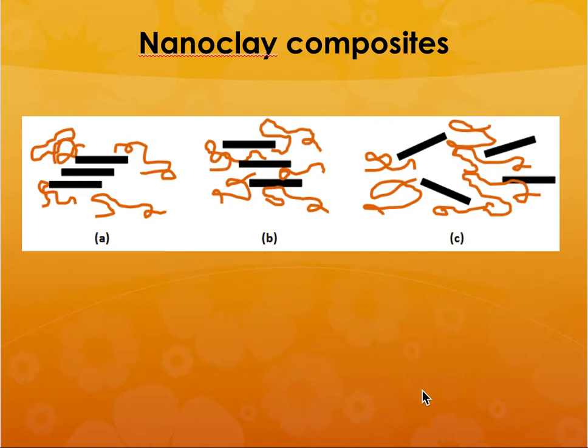Nanocomposites are one in which there could be more than one type of fibrous reinforcement, where one of those fibrous reinforcements could be in the form of nano-sized particles or nano-sized fibers.